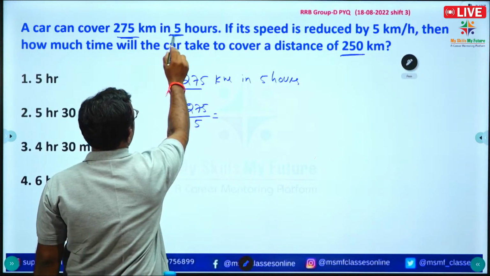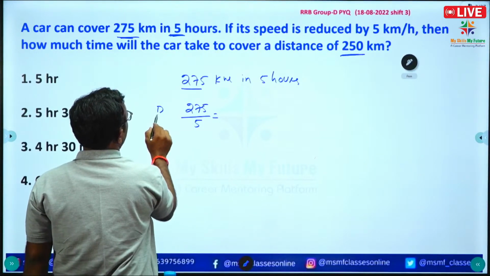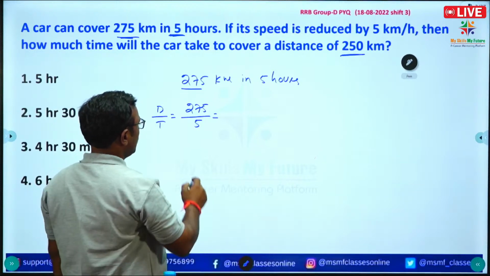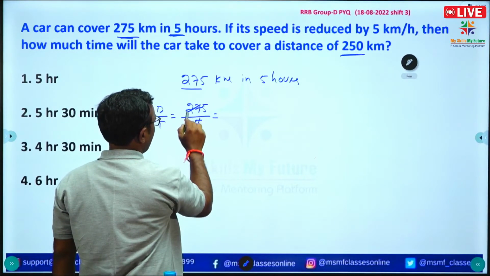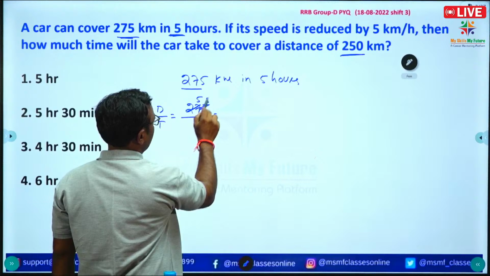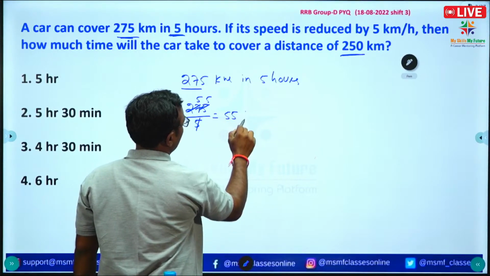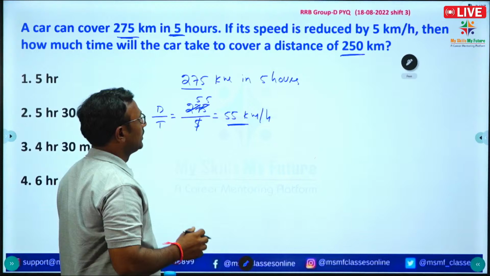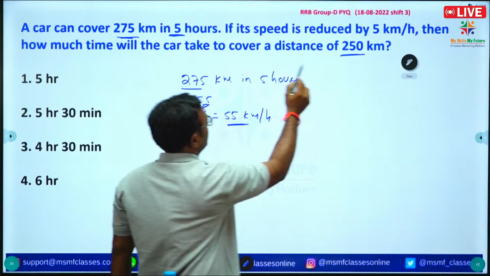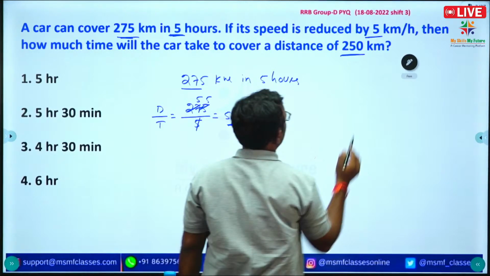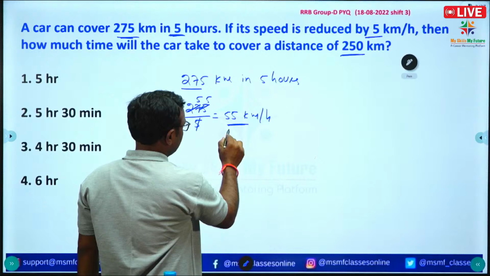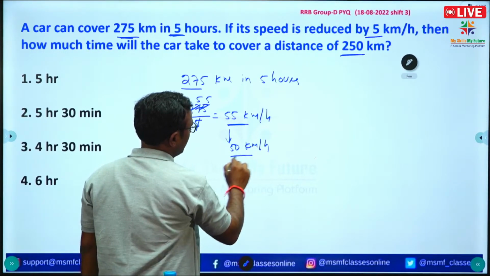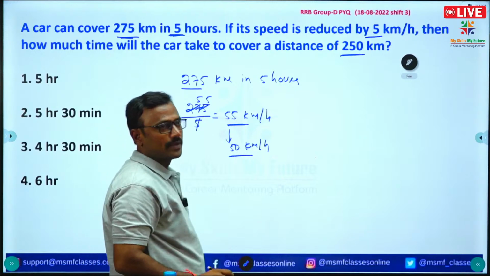So here, distance by time gives speed. 5 ones are 5, 5 fives are 25, so 55 kilometers per hour is the speed. And if the speed is reduced by 5 kilometers per hour, the present speed is 50 kilometers per hour.